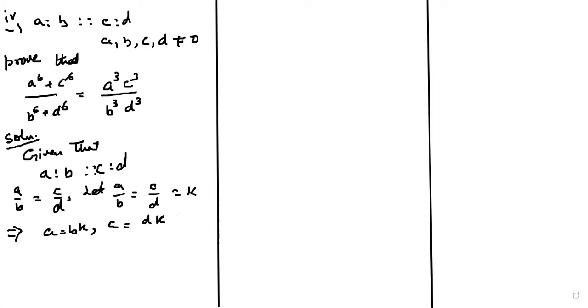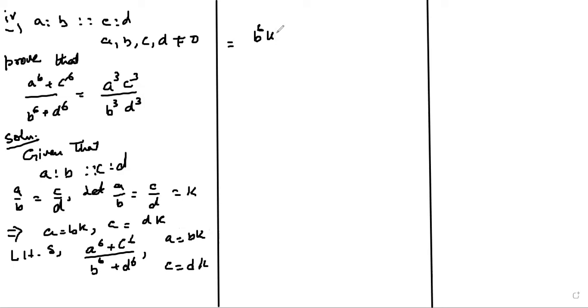Right? So now on the left hand side we have A6 plus C6 divided by B6 plus D6. Now using A equals BK and C equals DK, we have B6 K6 plus D6 K6 divided by B6 plus D6.